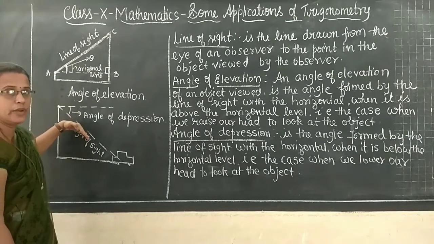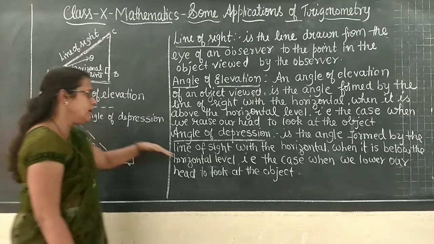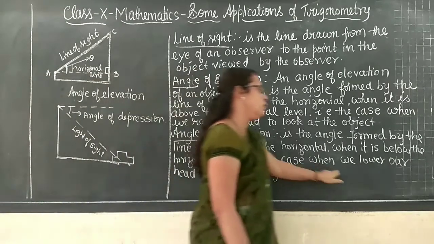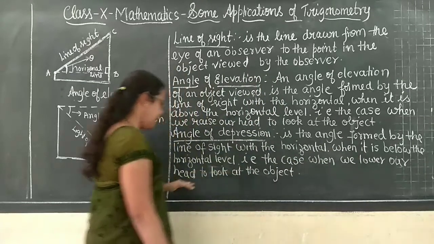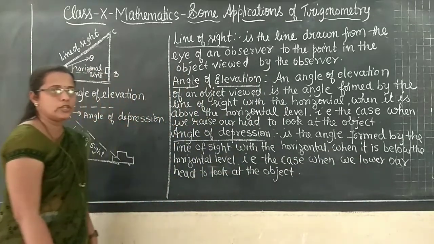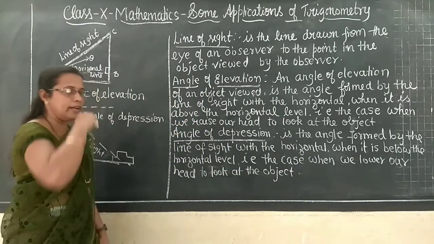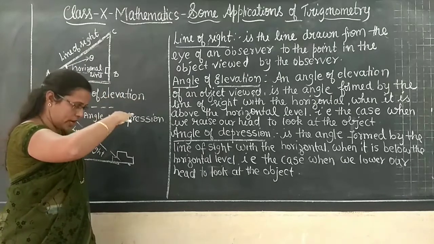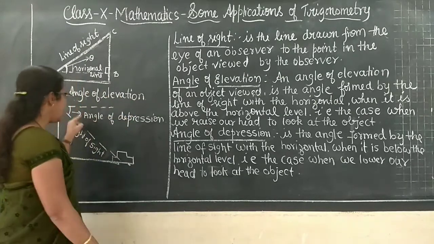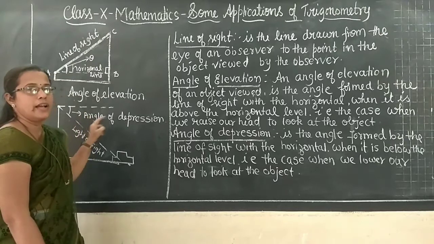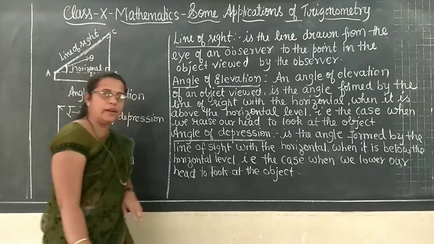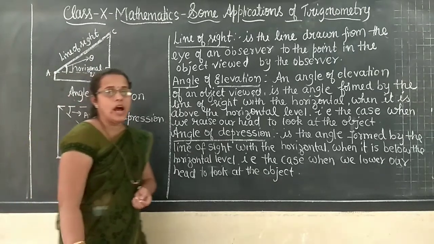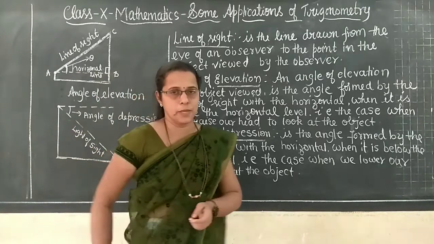You have to understand when to use these two things. That is the case when we lower our head to look at the object. From the horizontal we lower our head, so that makes an angle. That angle is called the angle of depression. Hope you all understood both the cases.